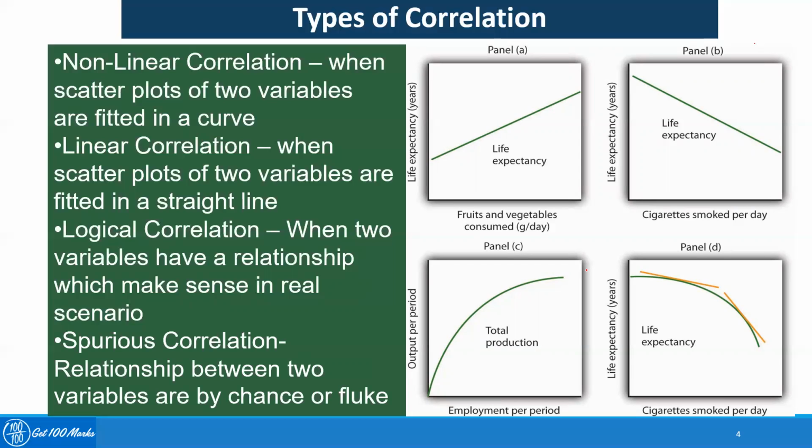But sometimes some data shows there is a relation, but in real life that's like a chance or fluke. That's called illogical correlation or spurious correlation. Basically in real life there is no relationship.